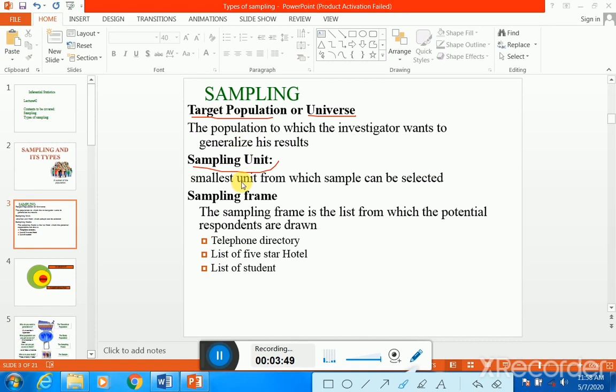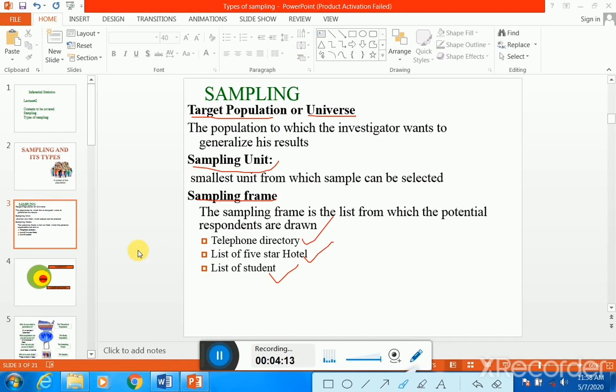And then we have a proper listing from where we have to take these samples. Such a list is known as your sampling frame. For example, a telephone directory, a 5-star hotel list, or the list of respondents or students.